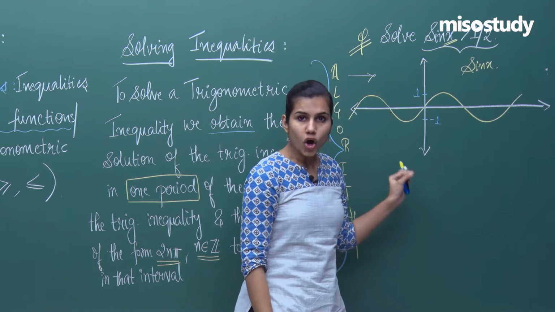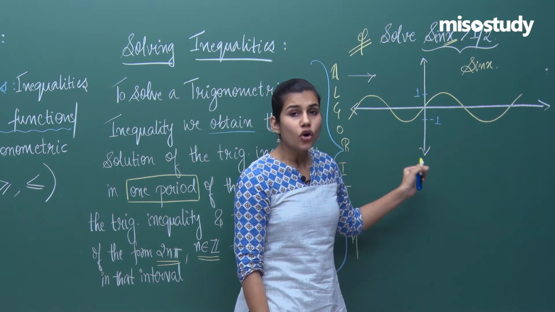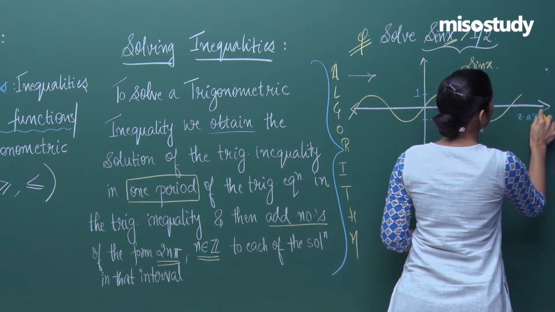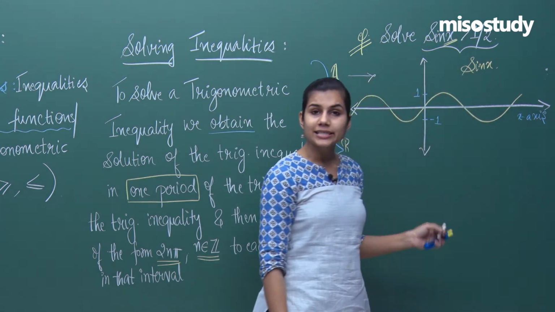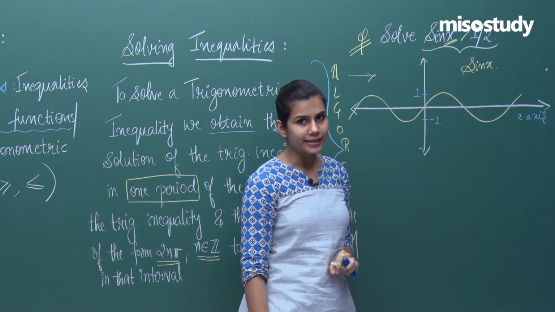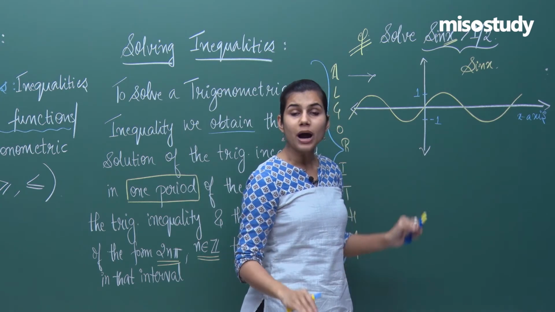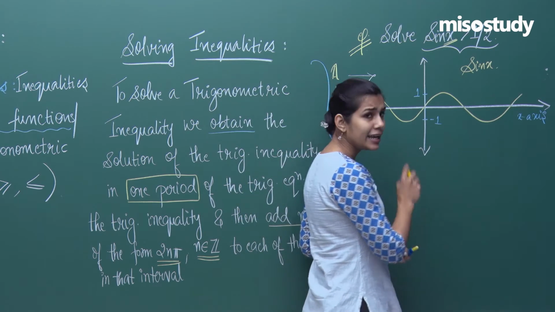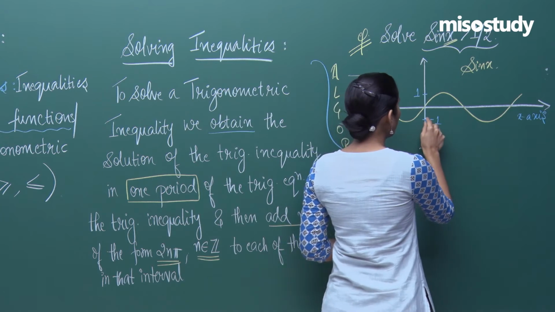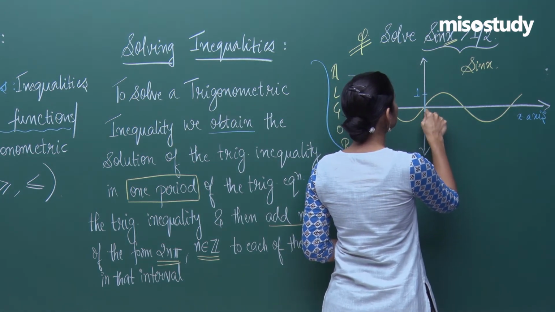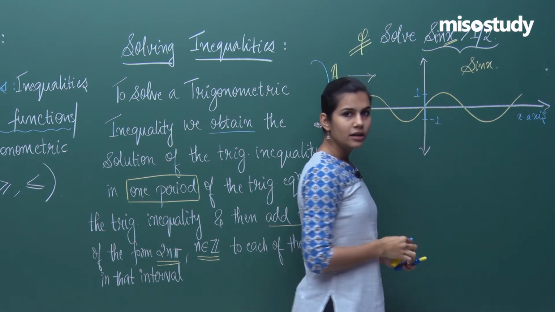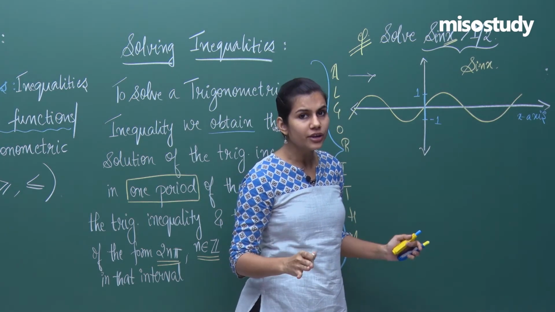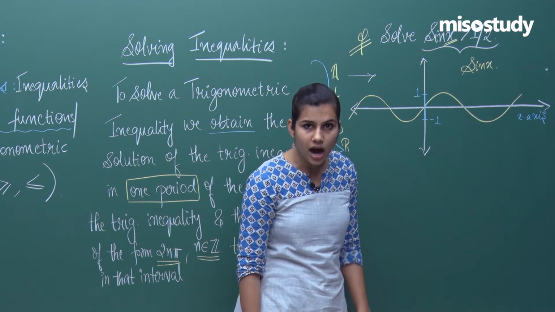The outputs, or basically the sine ratios corresponding to any angle on the x-axis, are always less than or equal to 1 and greater than or equal to minus 1. That is something very true about the sine function. Now, if the sine ratio always lies between minus 1 and 1, I am asking you to give me all such angles wherein the sine ratio is strictly greater than half.